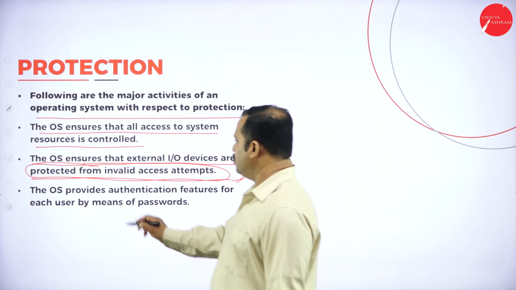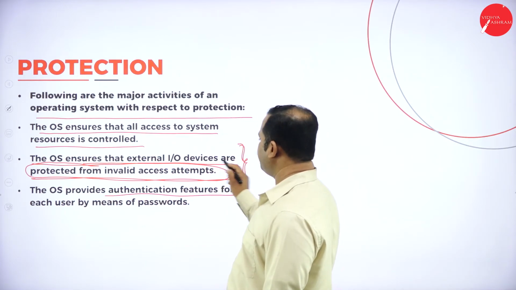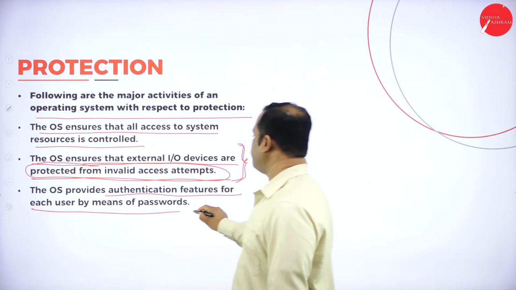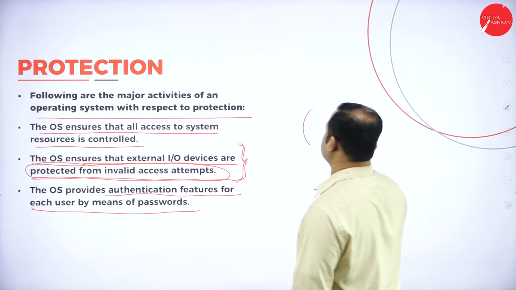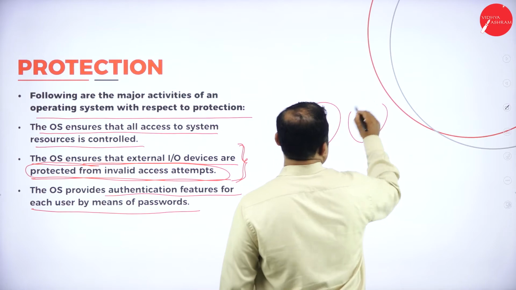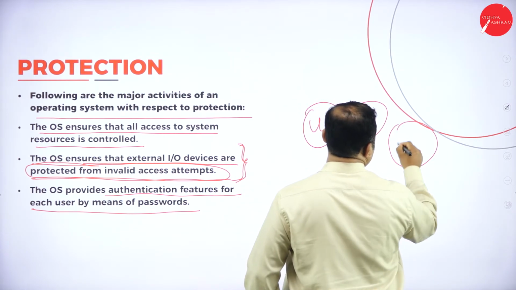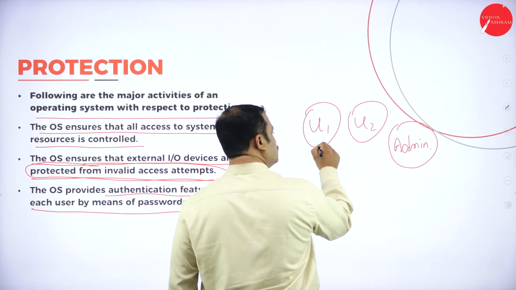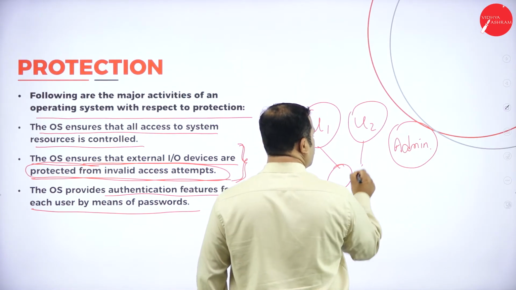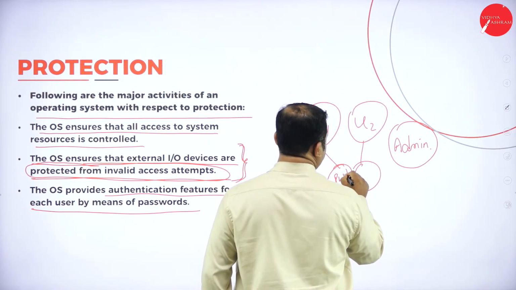Then the OS provides authentication features for each user by means of passwords. Suppose there are multiple users, that is user 1, user 2 and administrator. Each of these users is given a specific password.